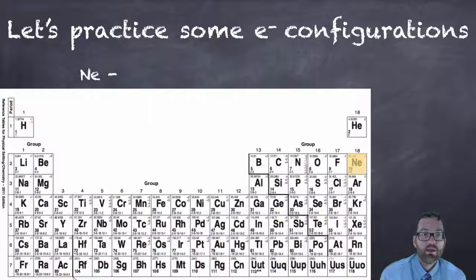Next we have neon. So neon has the 1s2, just like helium has, and then we start filling in the 2s. Remember, we start from the bottom and go to the top energy levels. So we fill in the 2s2. Okay, that gives us where we were with beryllium. Now we are over here. Now we start filling electrons in the p sublevels.